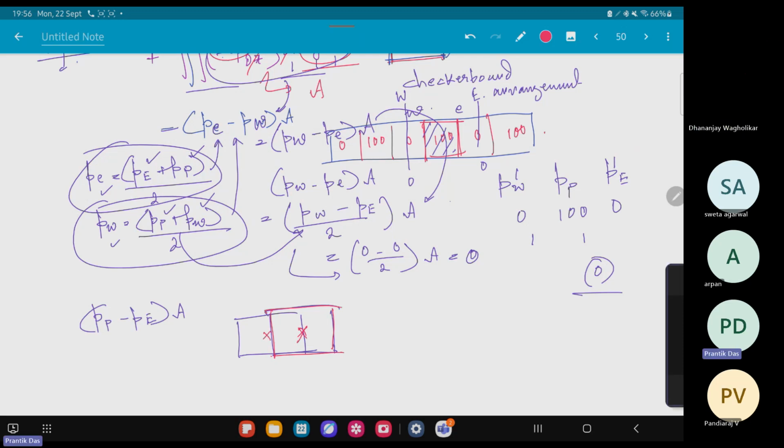So P_P minus P_E multiplied by area: this is P, this is capital E. This will be 100 and this will be 0, so 100 minus 0 multiplied by area. Now the source term actually takes into account the effect of the pressure on the Navier-Stokes equation.